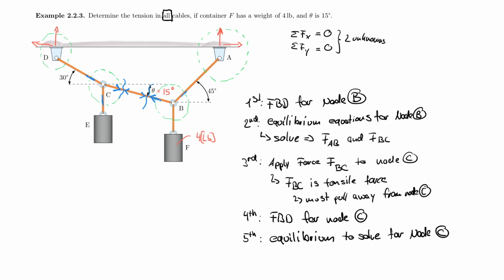But so you can check your answer, let me just tell you that if you solve this properly and you find the ultimate answer, which is the weight of the container at E, you will find that the weight of container E is equal to 0.975 pounds.